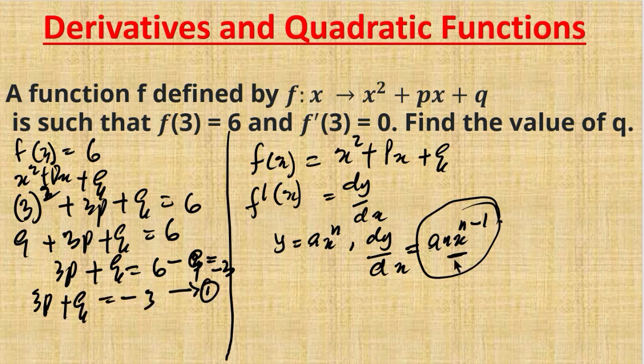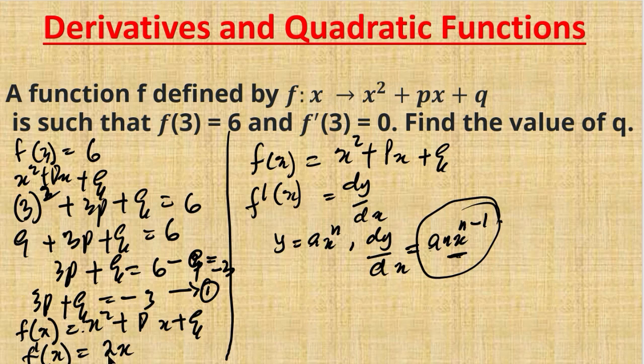On the next side, I'm going to apply my formula for the derivative, so that if my f of x is the same thing as x squared plus px plus q, my f prime of x will be the same thing as 2x. Applying this formula, my a here will be 1, my n is 2.